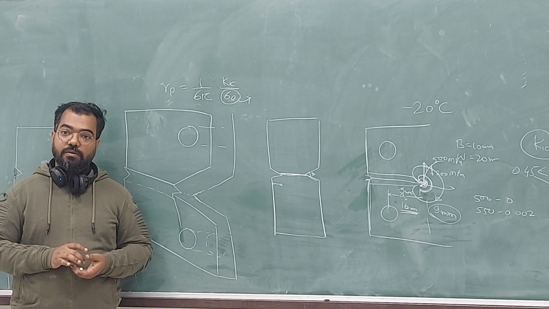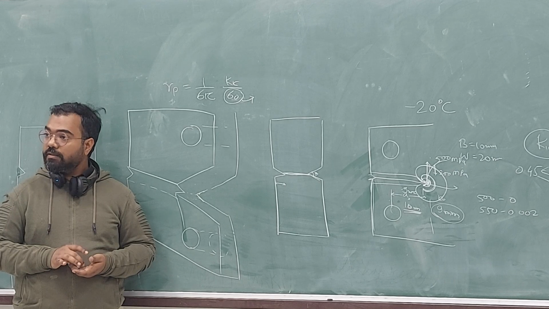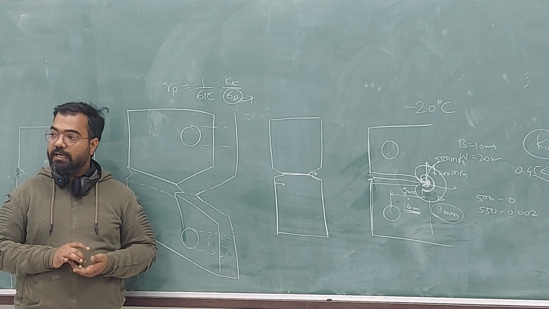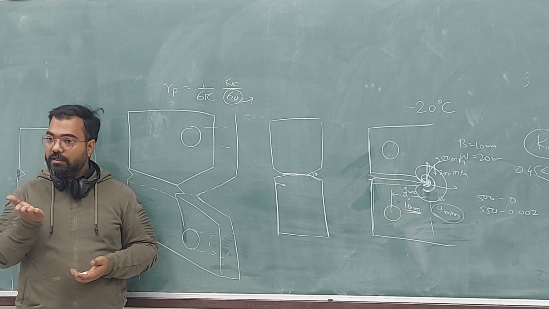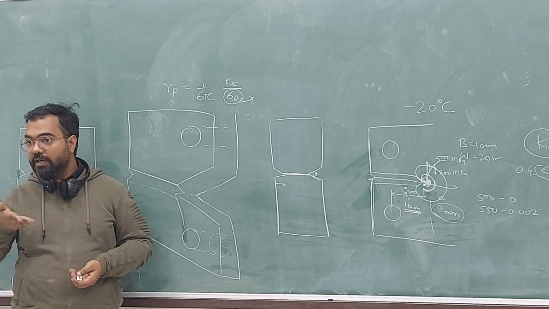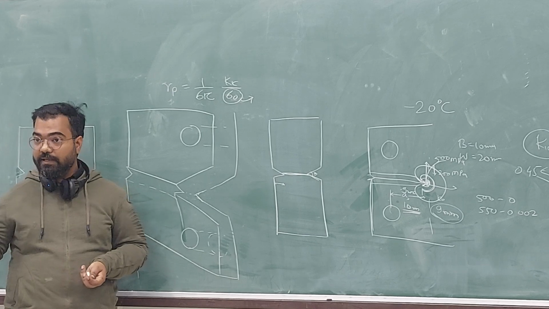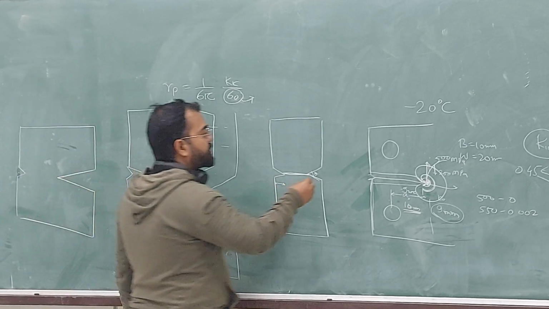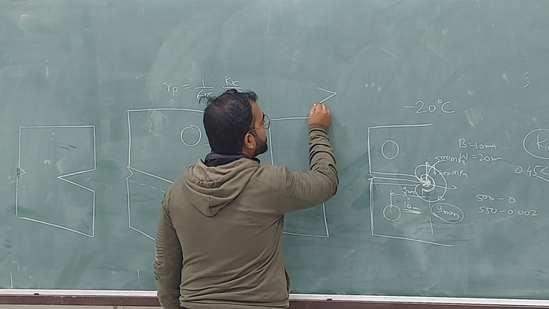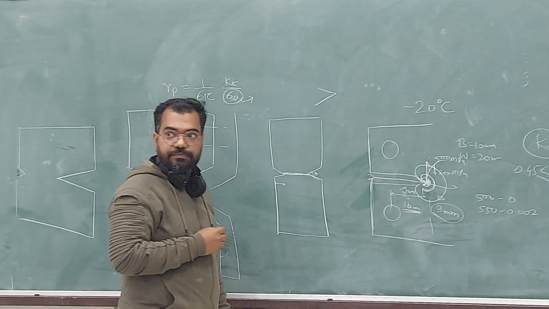By doing this, we ensure the plane on which the crack front lies; the crack front is basically a line, it's not a plane. Suppose this is the tip of the sharp crack.